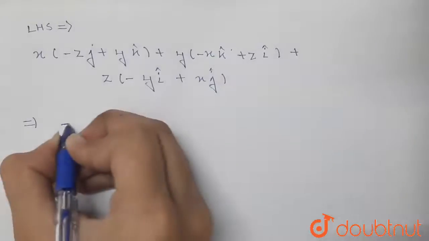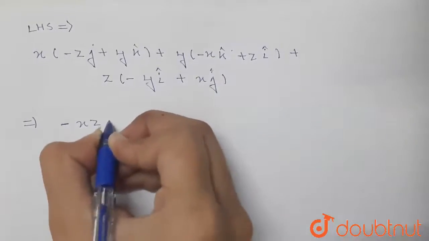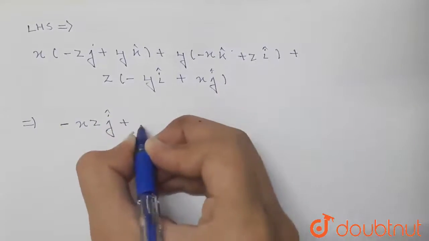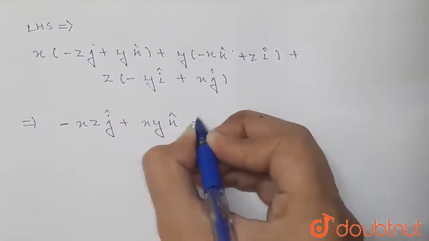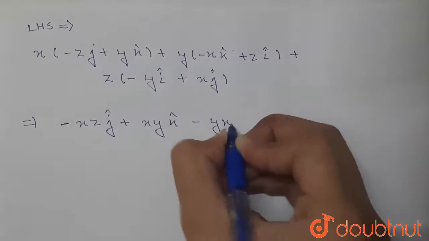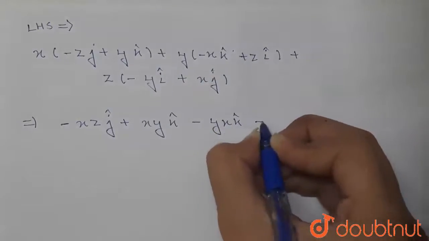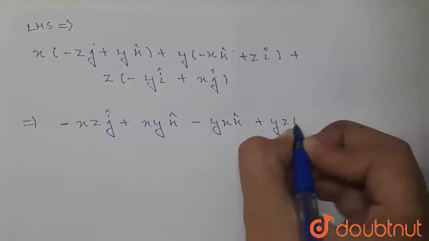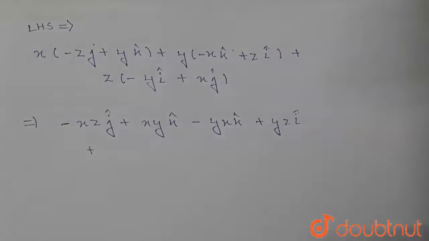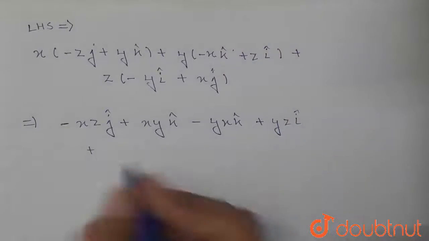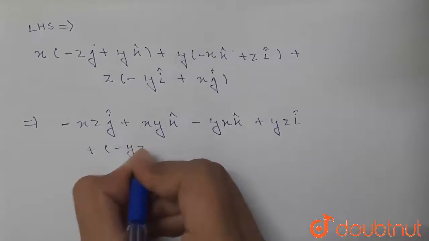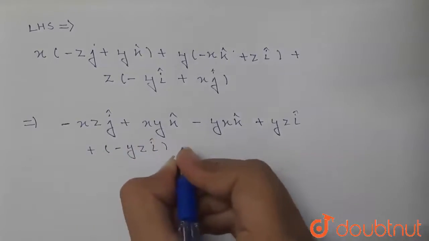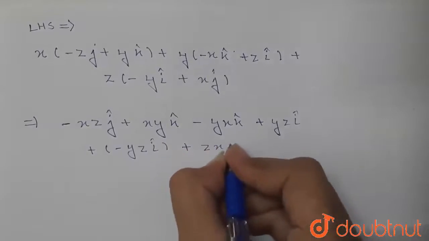So this will be minus x z j cap, plus x y k cap, then minus y x k cap, then plus y z i cap, then minus y z i cap, then plus z x j cap.